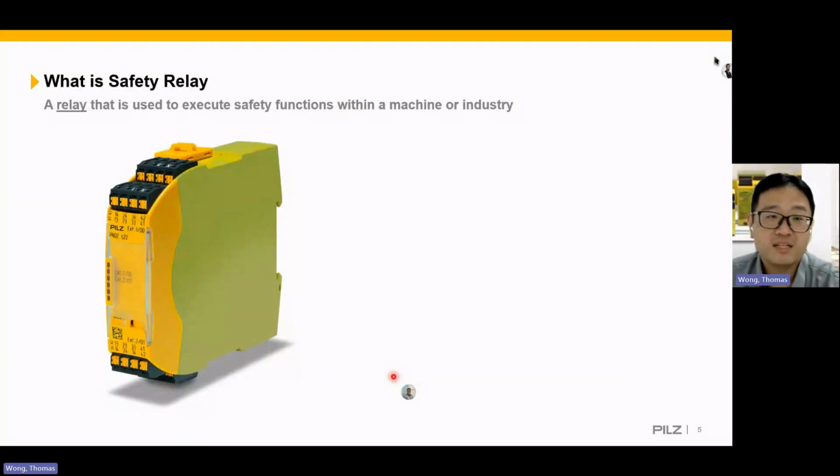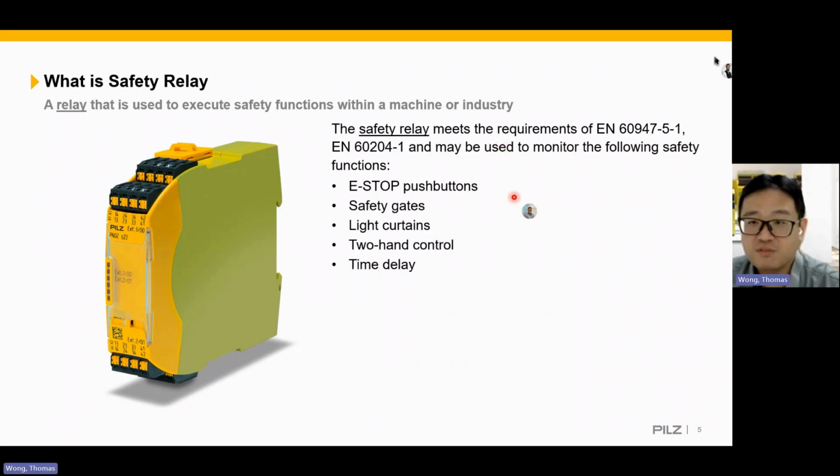Okay, let's also look at what a safety relay is. It's a relay that is used to execute safety functions within machines or industries. These safety relays must meet certain requirements such as EN 60947-5-1 or EN 60204-1. They must also be used to monitor the following safety functions, such as e-stops, safety gates, light curtains, two-hand controls, or time delays.